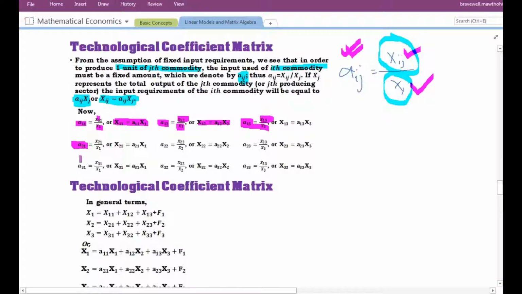A21 is the fixed amount of input of the second industry which is used in the production of the first commodity. It is obtained by dividing the units of goods of the second industry used as inputs in the first industry by the output level of the first industry.